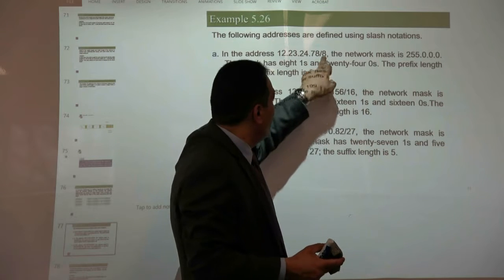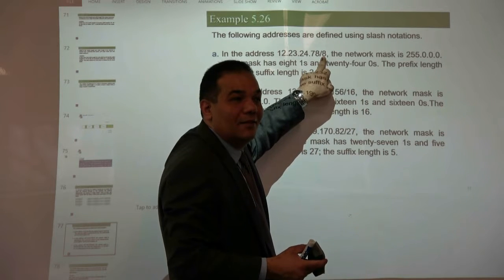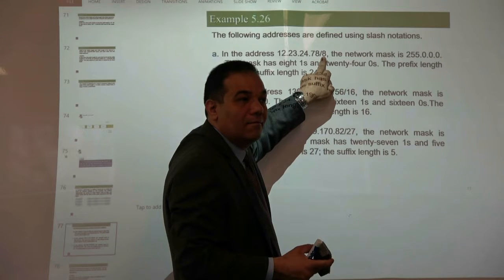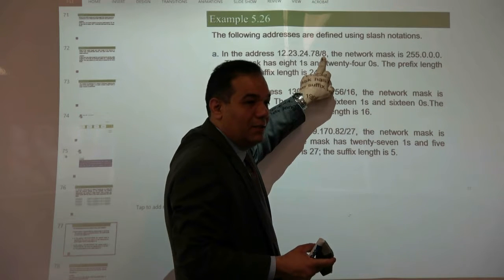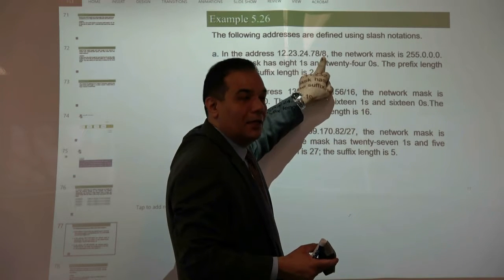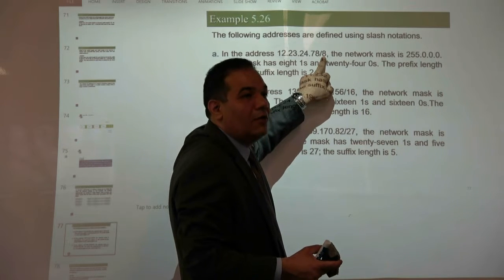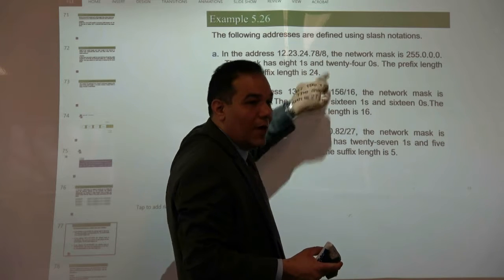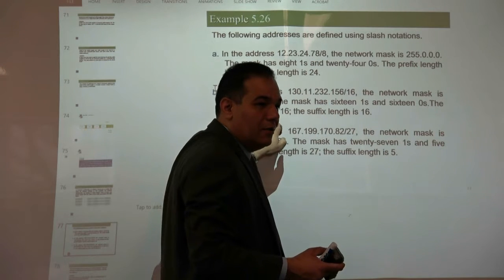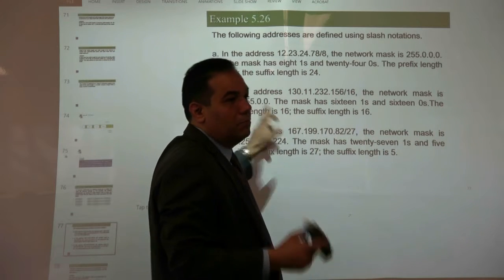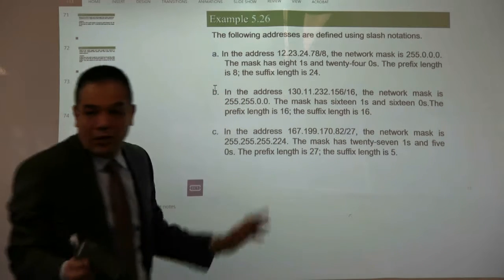From this number, what can we calculate? The subnet mask. From the subnet mask, what can we calculate? The network address. How do you calculate the network address? You add the IP address with the subnet mask. Simple. The process is simple, right?